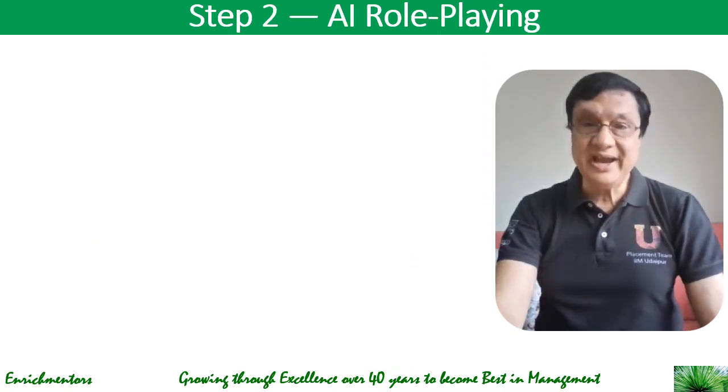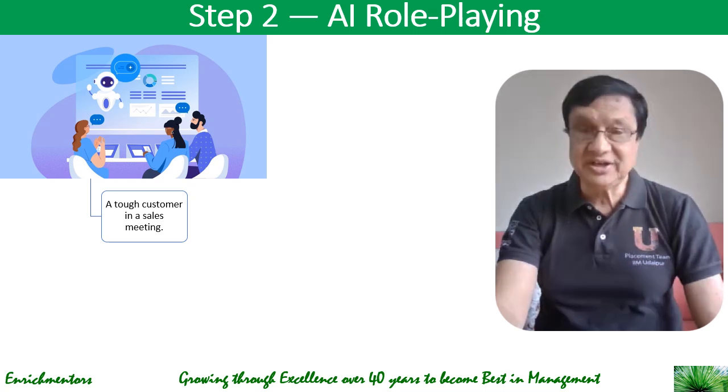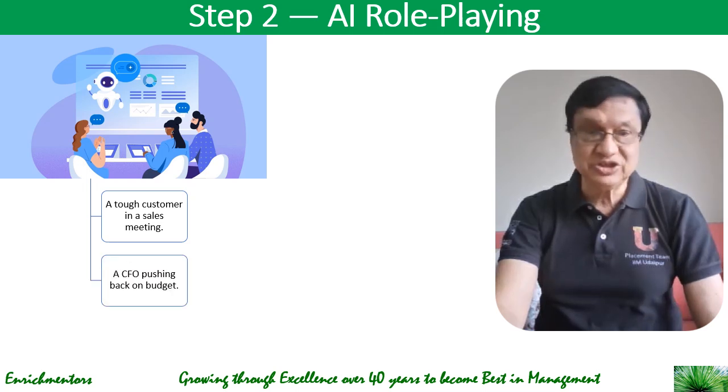Then you do AI role playing. You can do AI role playing using NLP-powered agents like ChatGPT, Claude, Gemini, Rasa, Microsoft Copilot Studio, which simulate stakeholders. It can simulate a tough customer in a sales meeting. It can simulate a CFO pushing back on budgets.